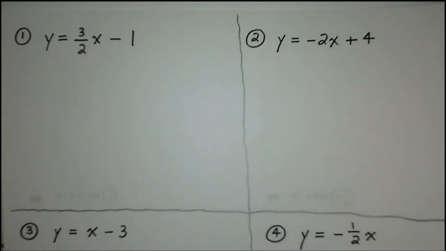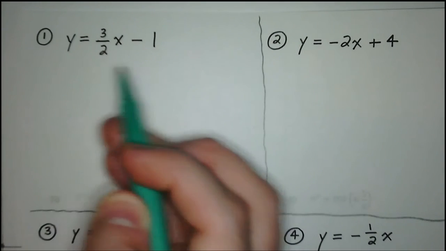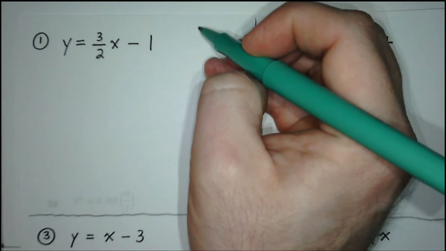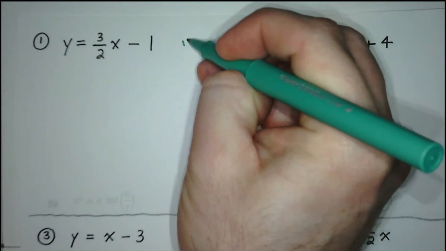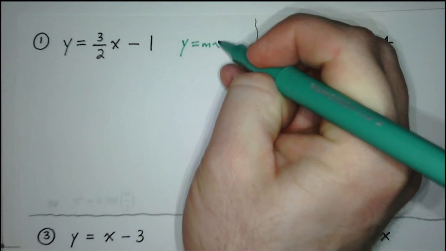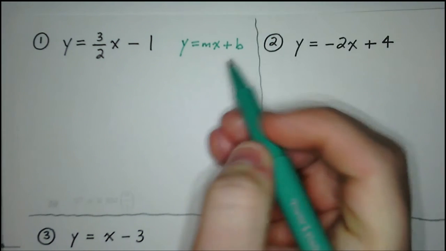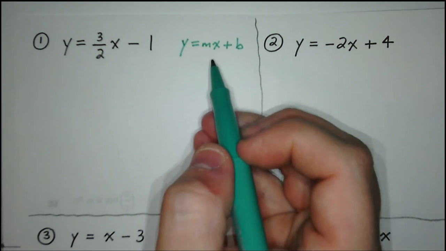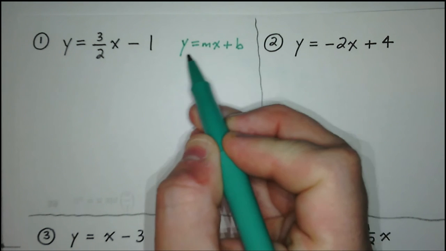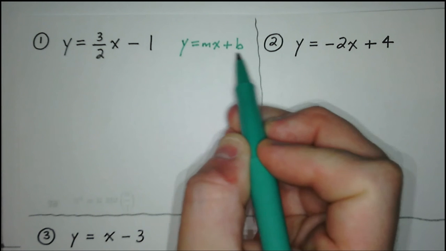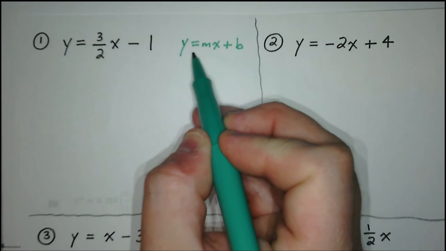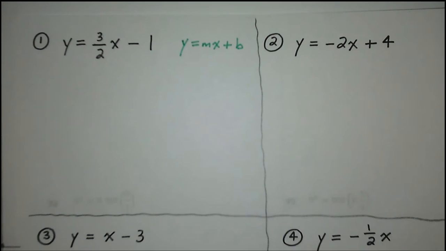Number 1, when we are graphing these equations, what we are currently emphasizing big time is that oftentimes you will be given an equation that is in this form, written exactly like that. When you have an equation written exactly like that, that is very good news.